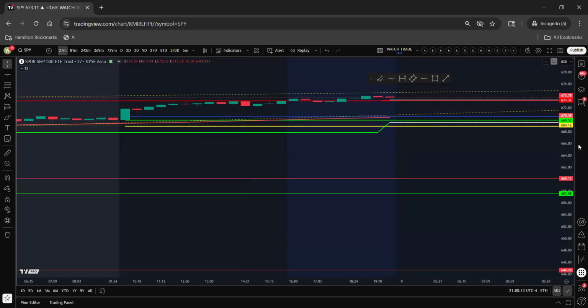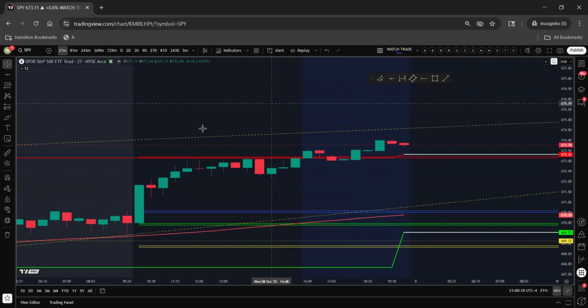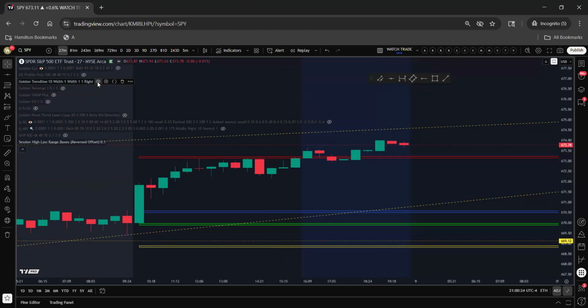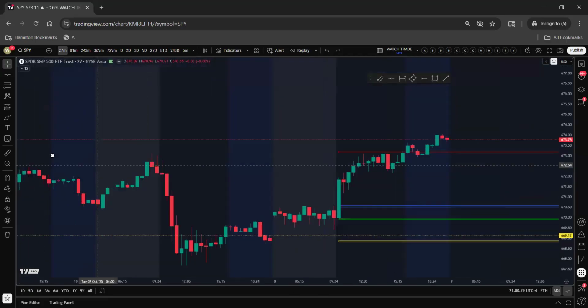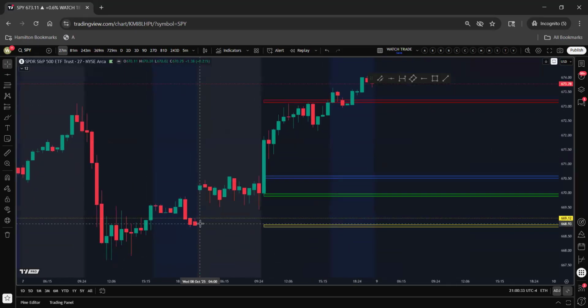This is my pre-market and after hours session indicator. It shows us the levels. Pre-market and after hours levels. So it shows us 4 levels.